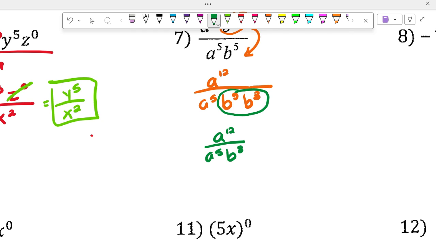What's the last thing I've got to do? So we've got to divide the a's, and we do that by doing what to the exponents? Subtracting them. So if I do biggest minus small, it's 12 minus 5, which is what? So where would it go? Numerator, denominator? Numerator. This would be a to the 7th over b to the 8th.